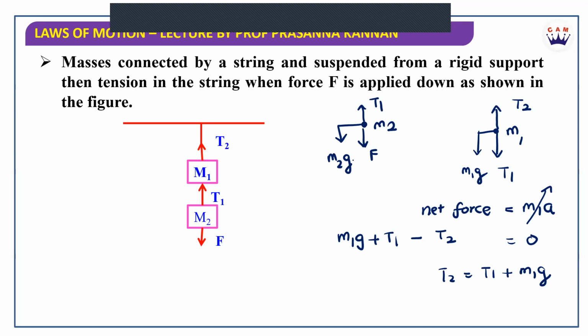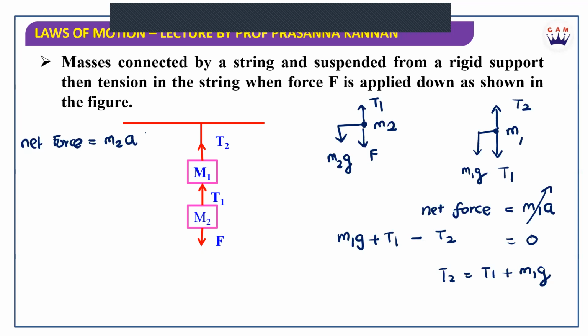And apart from that, one more force I am giving. So now tell me, can you write the equation for this? Again, net force is what? Net force on M2 is equal to M2 into A. But what is happening to that body? Is it at rest or moving?